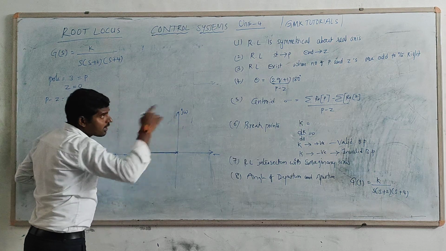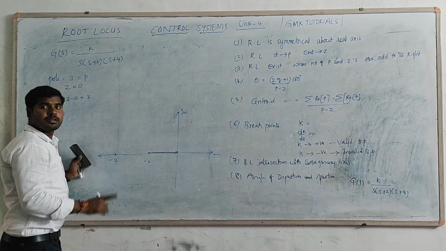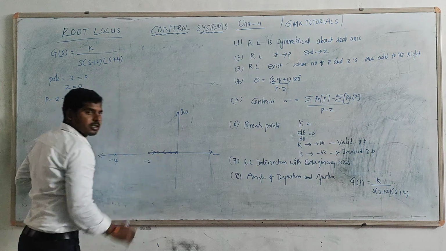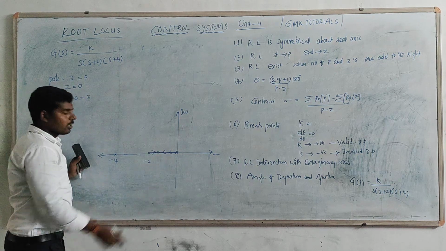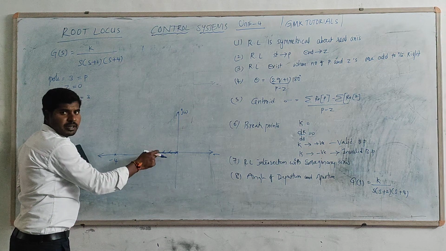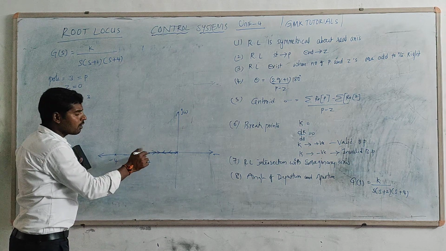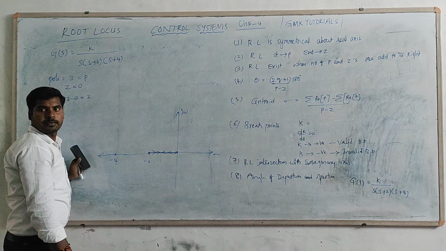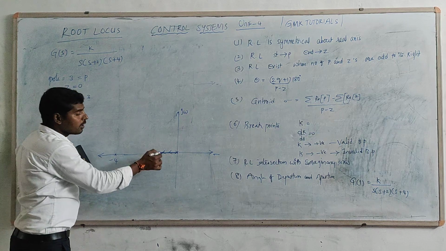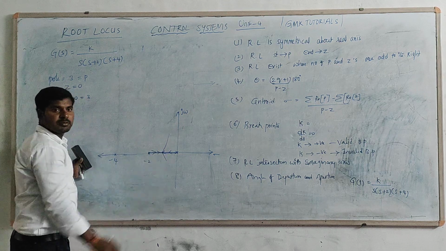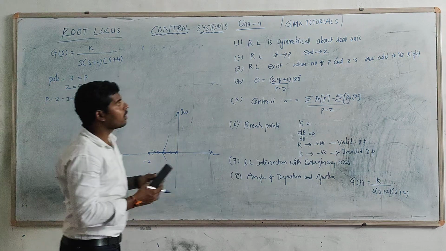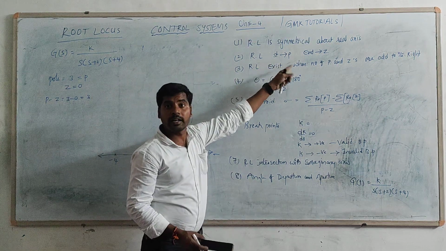As per the second statement, root locus always starts with a pole and ends with a zero. But here there is some complexity. This is a pole, and it may end with a zero, but that one is a pole again. Is it possible? Obviously, as per the second statement, it is not valid. So there is a chance that it approaches somewhere else.